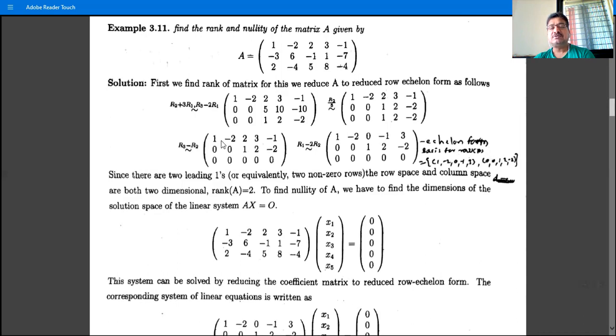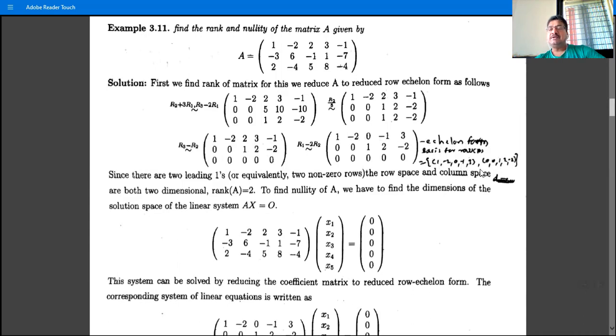Write the first row as the first vector and the second row, 0 0 1 2 minus 2, as the second vector. Then write 1 minus 2 2 3 1 as the first vector, or 1 minus 2 0 minus 1 3 as the first vector. So this is the basis for the row space of A.